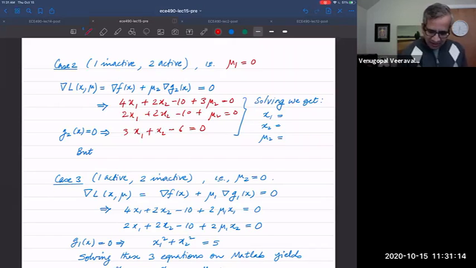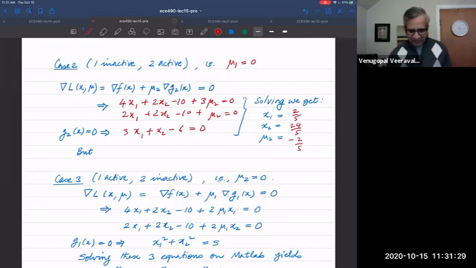In this case, this was not that hard to solve. I didn't want to put the details down here because this is not a course on solving linear equations. So you get those as the answers: x1 is 2/5, x2 is 24/5, mu2 is minus 2/5.